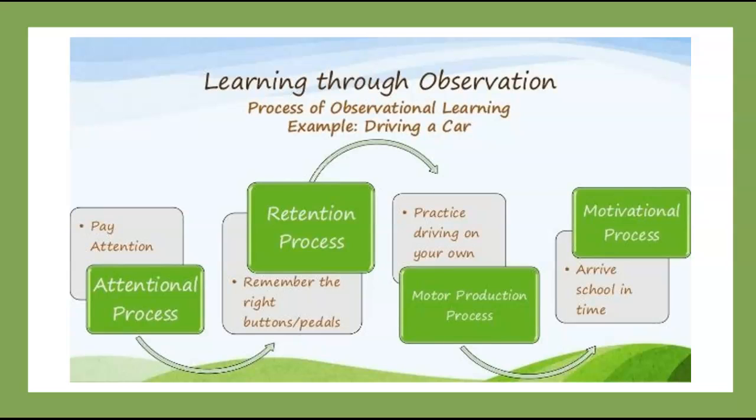And then ultimately we have to choose whether we're going to exhibit the behavior or not. And that may come down to, in some cases, whether we've observed others who experienced either reinforcing or punishing outcomes as a result of the behavior, and we will then decide whether or not to exhibit the behavior ourselves.